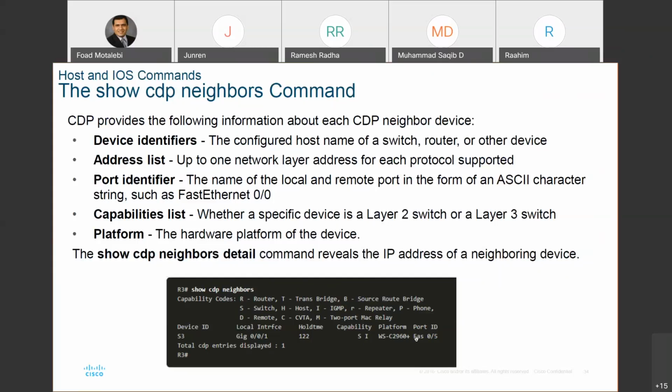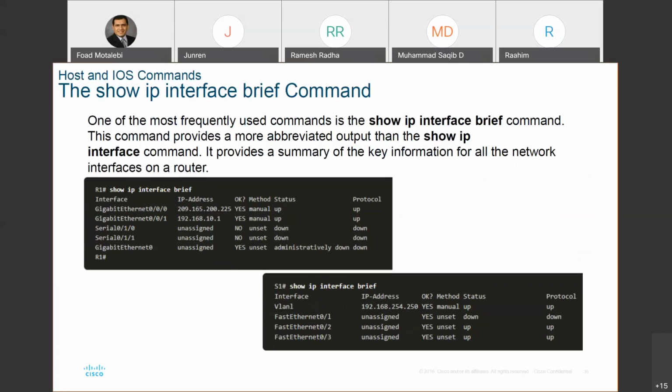The connection is on FastEthernet 5. So without actually going and inspecting the hardware, which in a big enterprise is very difficult to do, you can just issue commands like this to find out more about your system. Show ip interface brief you have used a lot. It tells you information about your actual connection, the port that you're using for the connection.